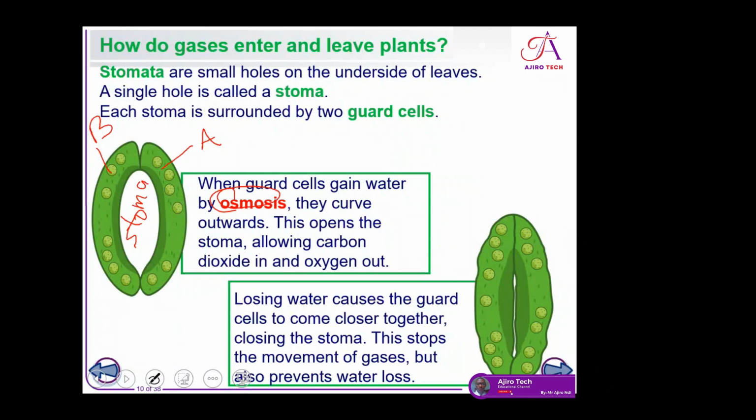Sometimes they can ask you to explain the importance of the guard cells closing, especially for plants growing in very hot environments. What benefit will that afford the plant in a very hot environment like the desert? Plants growing there will usually close their stomata when it's very hot and sunny, so they don't lose most of their water by transpiration or evaporation.